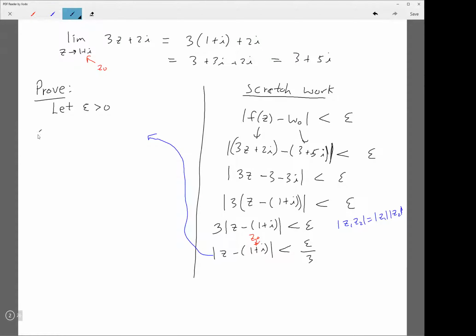And the next step would be to choose delta to be epsilon over 3, or what's over here? Yay, we can choose that to be delta. And then we proceed to show this right here.